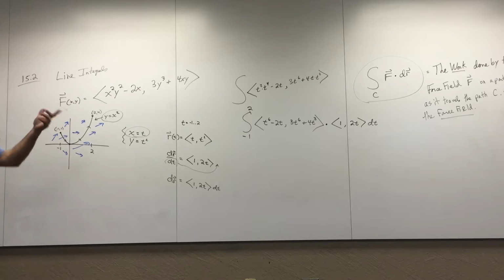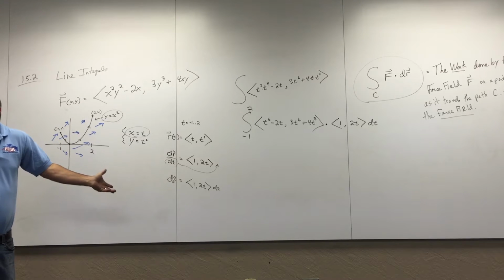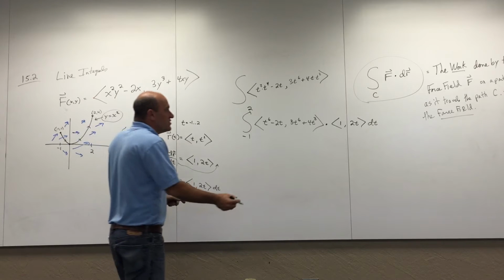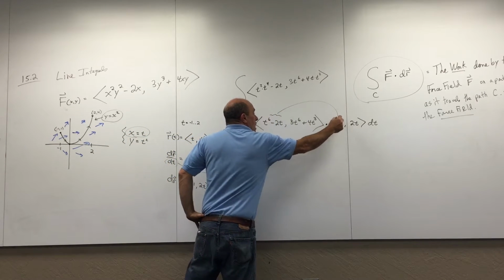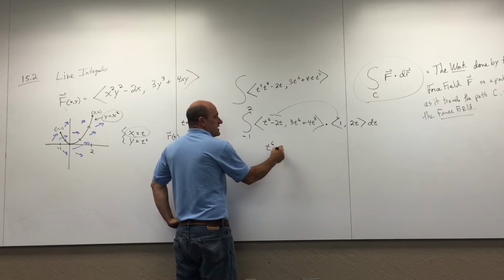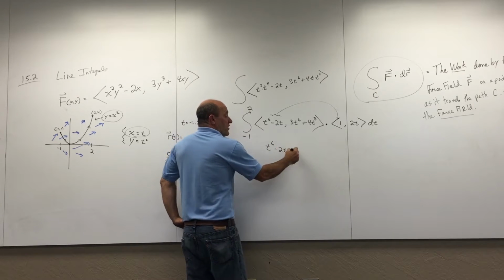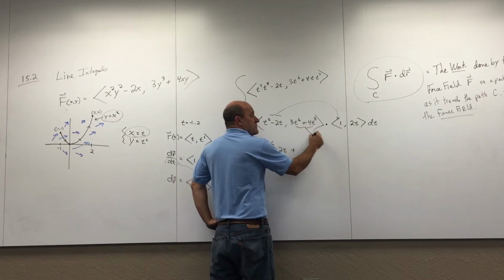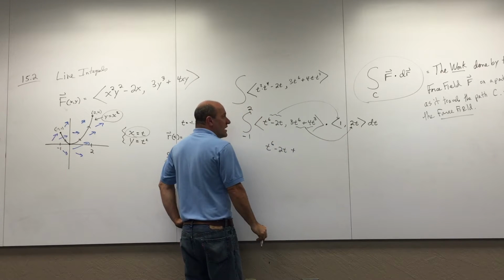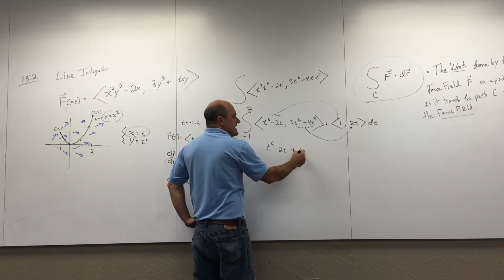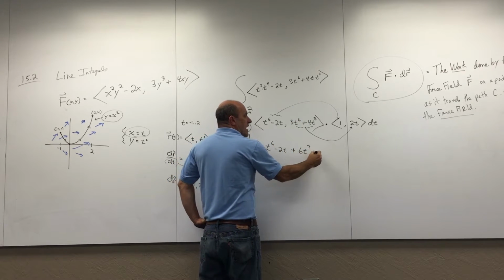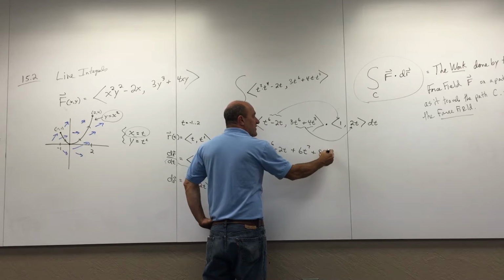Let's do it. It's a dot product, and then it's an integral. You do a dot product first, which you know what that means, I hope. You multiply this times the 1, so t to the 6 minus 2t, plus this times the 2t, which I'll do a little bit of in my head. When I multiply that times 2t, I get 6t to the 7th and 8t to the 4th, I think.